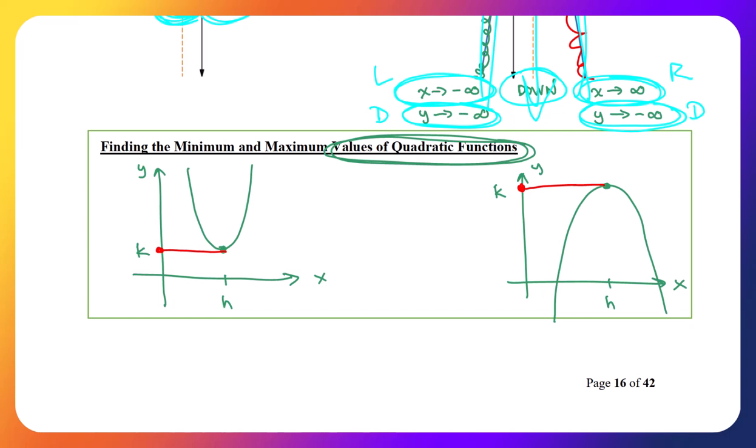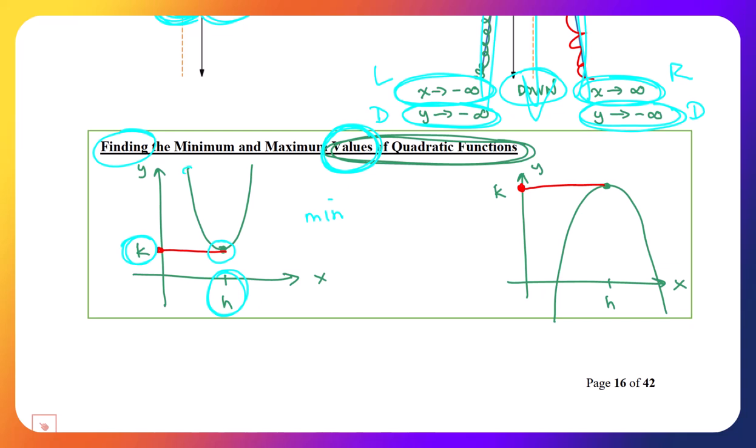Now listen very carefully. We're finding the minimum and maximum values. It does not say point. True, there's a minimum here, but here's the idea. The minimum y value is the k value of the vertex, not the x value.